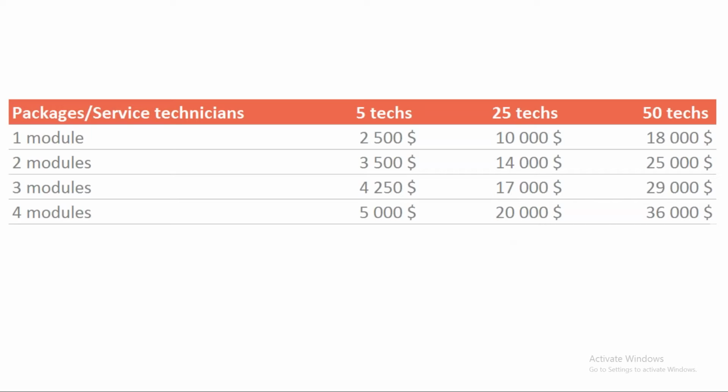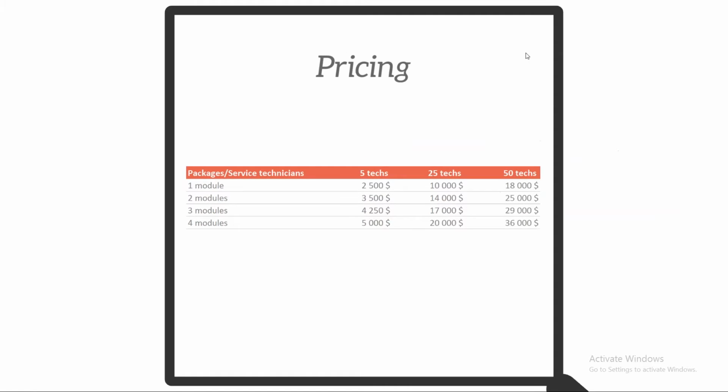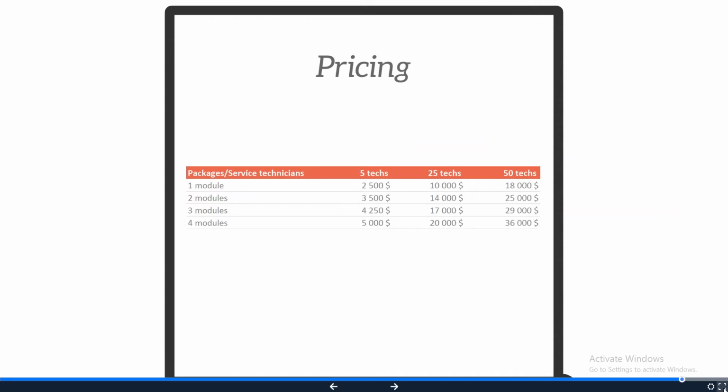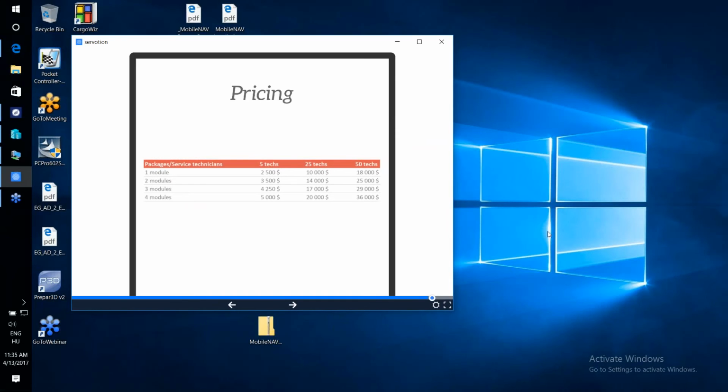As for automatic resource allocation, it has no limitation, so you can run it as many times as you want, but it still belongs to the mobile part. We believe that you will buy the mobile part actually, because this is a huge benefit of Servotion. So it's really based on the service technicians.